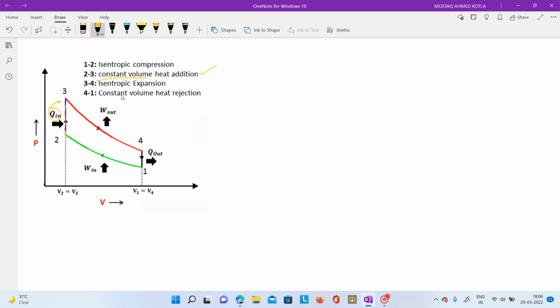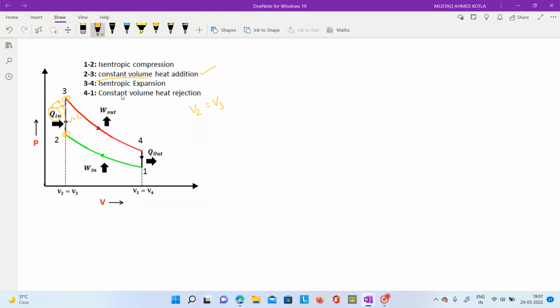At 2 to 3, the heat will be injected and volume will be constant. I already told, if volume is constant, V2 equals to V3, means the volume at position 2 and volume at position 3 will be equal. There will be no change in volumes.